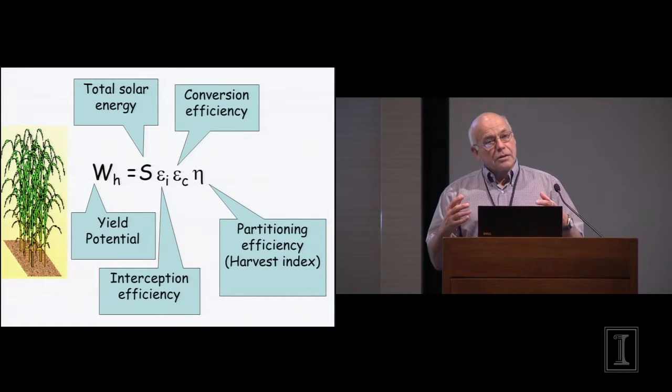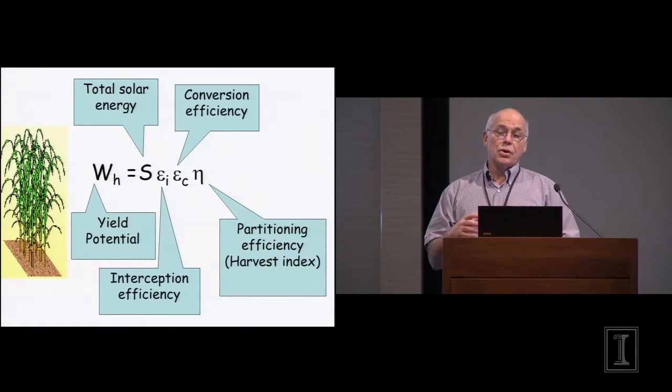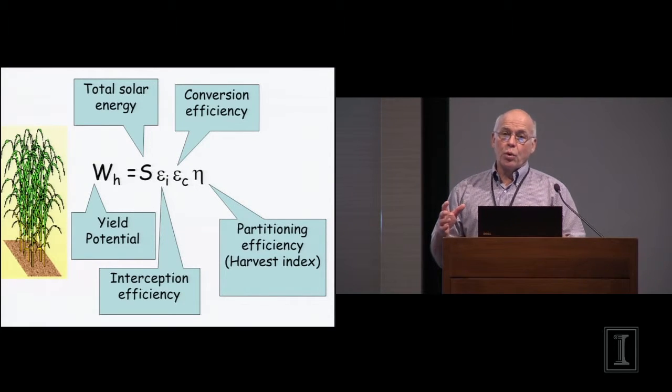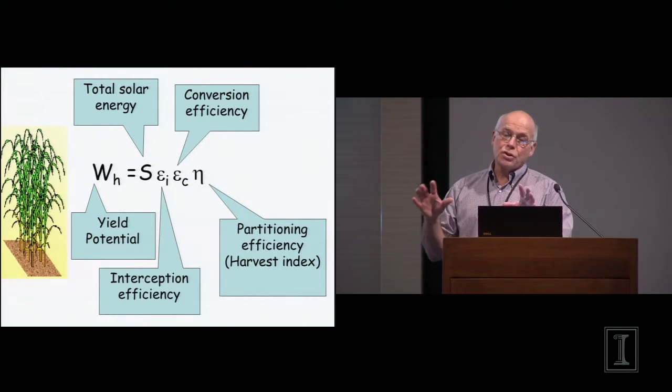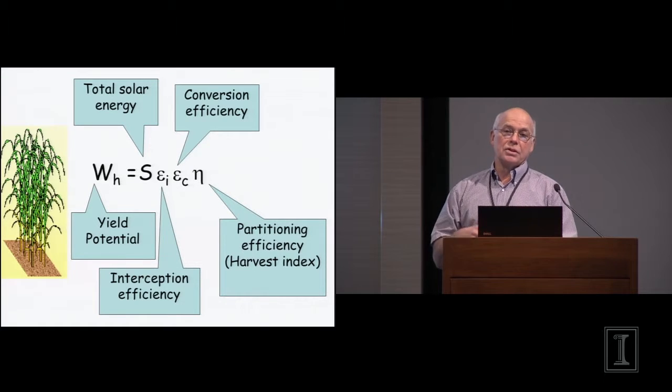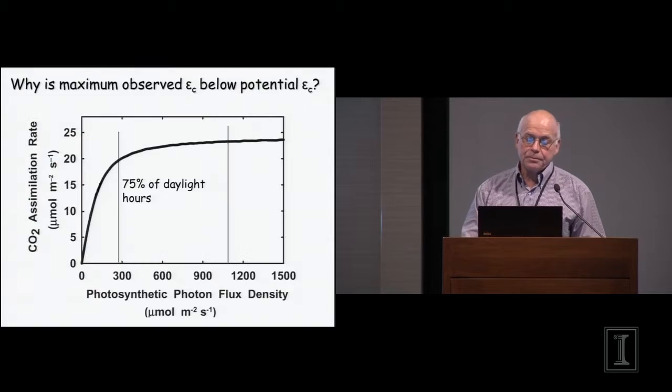The other thing that breeding and selection have been very successful at is improving harvest index. Now in our best crops under the best conditions, as much as 60% of the total above ground biomass is partitioned into the part of the crop that we harvest. In the case of maize, that would be the corn grain.